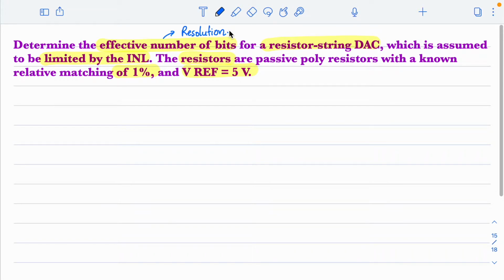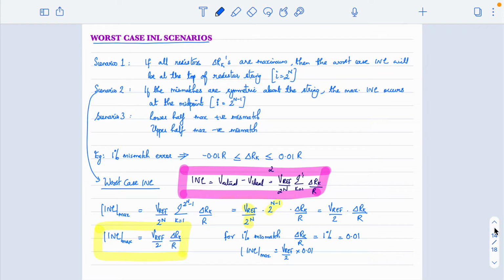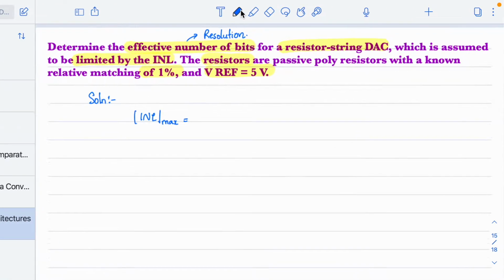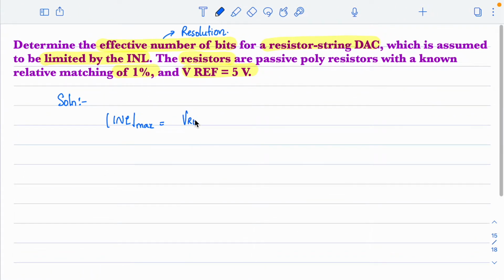So how will you find it? We have the INL max relation, which can be written from the above expression as Vref by 2 into delta Rk by R, which is nothing but the percentage mismatch. So Vref by 2 is 5 divided by 2, into the mismatch of 1%.